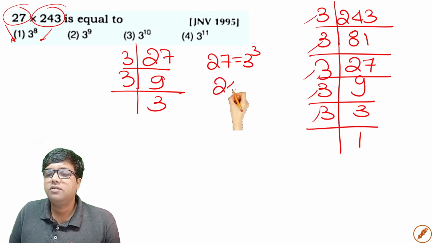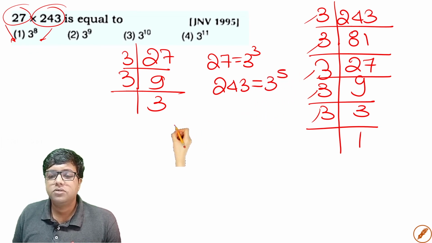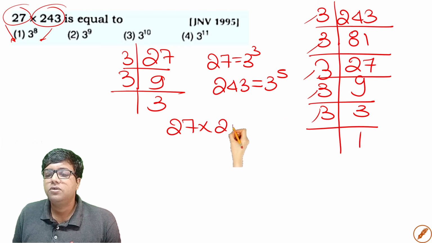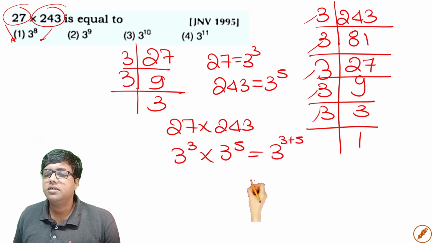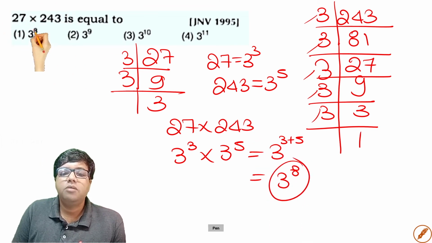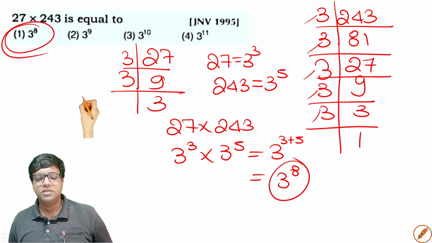So 243 can be written as 3 to the power 5. So therefore 27 into 243 can be written as 3 to the power 3 into 3 to the power 5, which will give me 3 to the power 3 plus 5, which is 3 to the power 8. So option 1 is the right answer for this question.